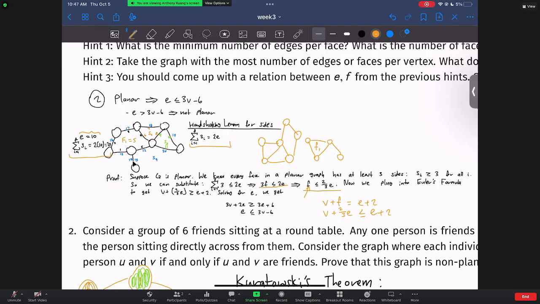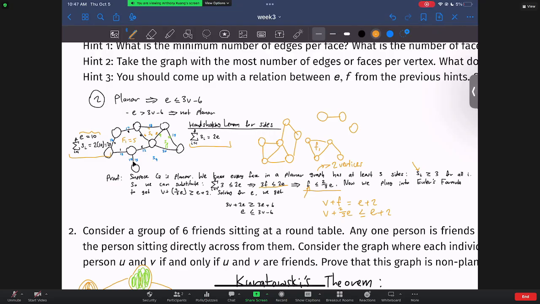Now, the only exception to this is the graph with only 2 vertices or the graph with 1 vertex. And so I should be more precise. I should say that every face in a planar graph with greater than 2 vertices has at least 3 sides. So yeah, S sub i is greater than or equal to 3 for all i.